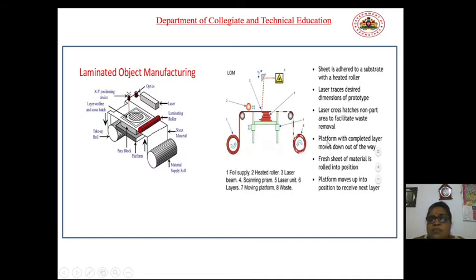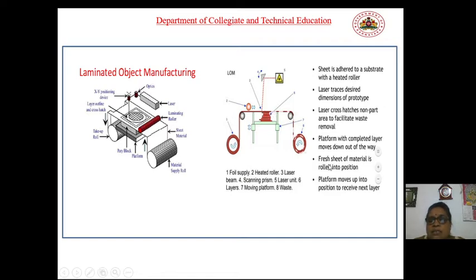Then the next step: the platform with the completed layer moves down out of the way. That is the complete platform. What will happen here? The moving platform just moves down out of the layer, thereby the fresh sheet of material is rolled into the next position.